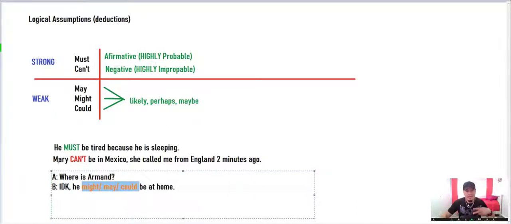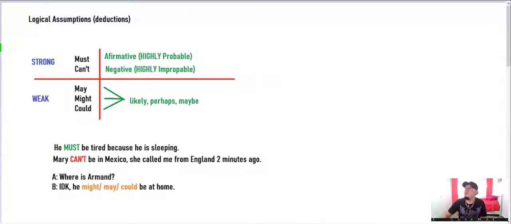In the second group, the weak probability, the weak assumption, or the weak deduction, it expresses precisely that there is a lower degree of probability of what the action expresses.